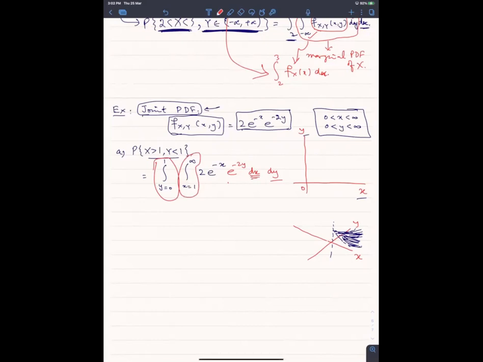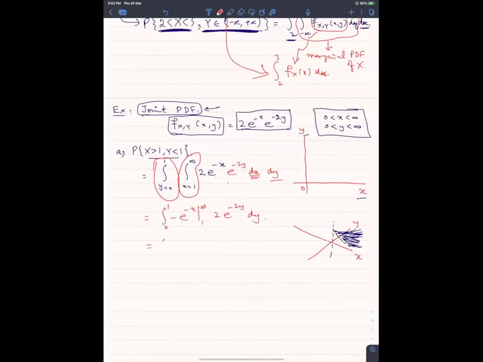ठीक है. So this would be equal to y going from 0 to 1 and x going from 1 to infinity. इसमें से हम इसको e to the minus x को इंटीग्रेट करें तो minus e to the minus x आएगा, going from 1 to infinity, and then 2 e to the minus 2y वो बिल्कुल अलग हो जाएगा dy. Okay.